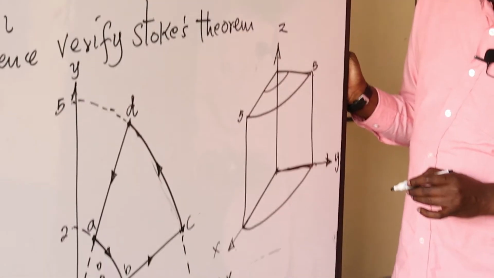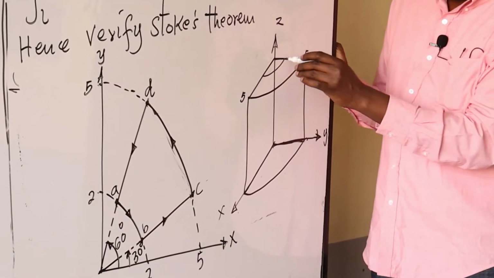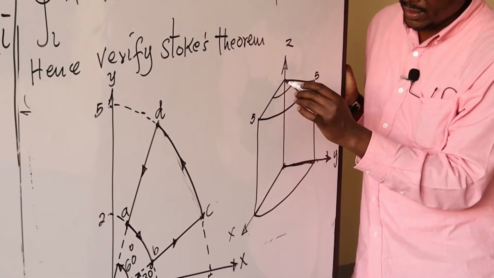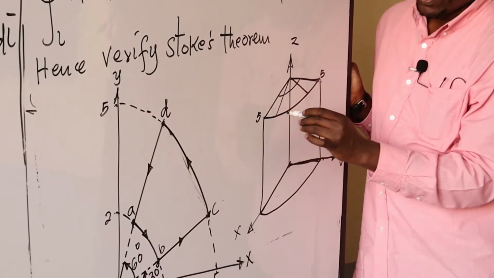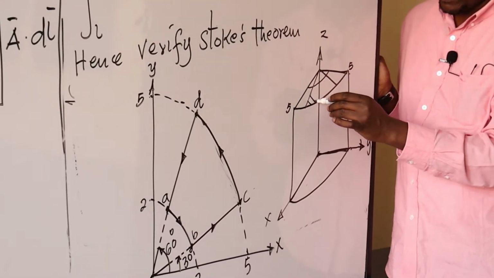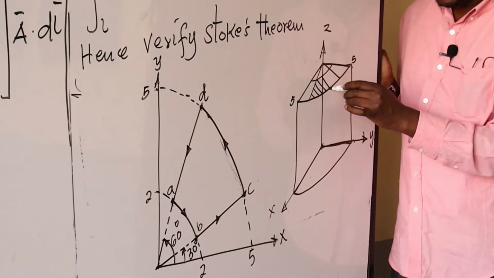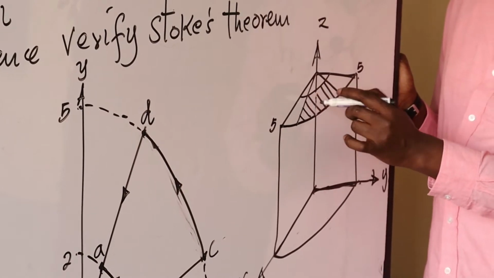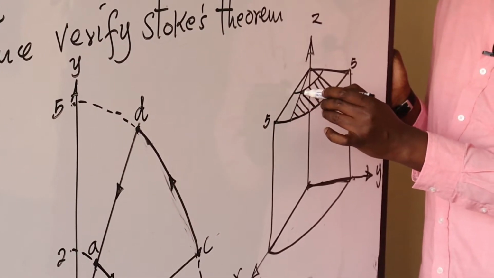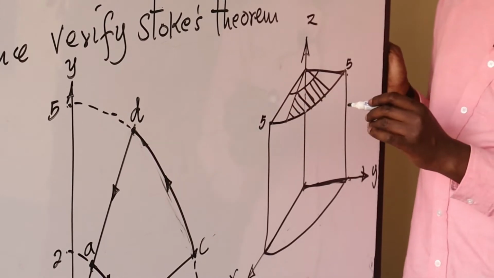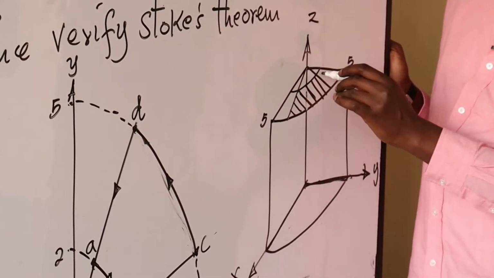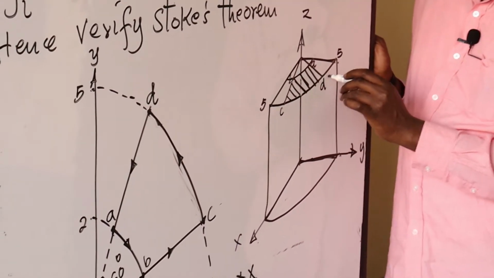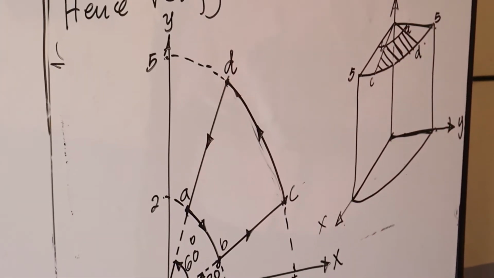We are interested in this closed path here. This path is the same as what has been drawn in the question. On the y-axis, this is point A, this is point B, that is point C, and that is point D.